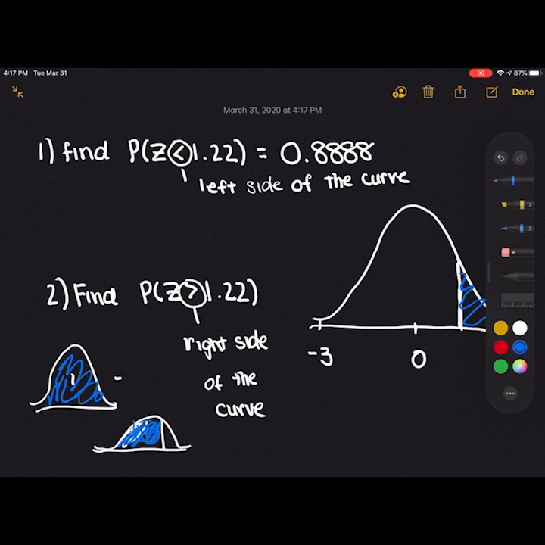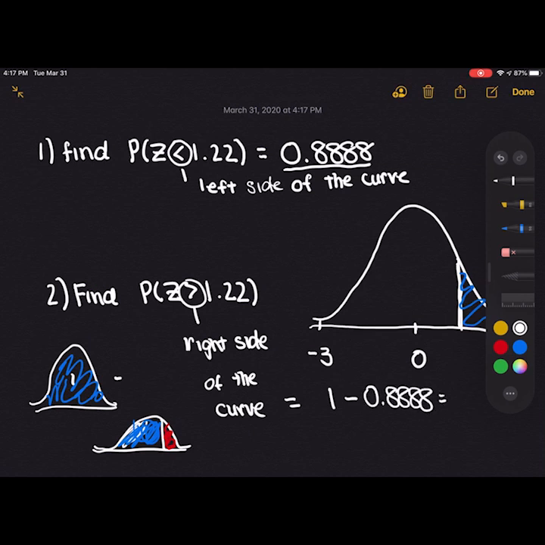Because if you subtract the left side from the whole graph, you're going to end up with the right side, which is what we want. We've already figured out that the whole graph equals 1, and this is given for every single one of these problems that you're going to encounter. And then we subtract the left side, which we already figured out in the first problem, which is 0.888.